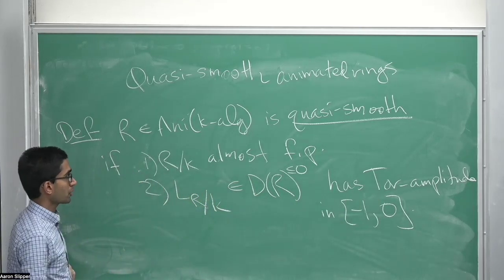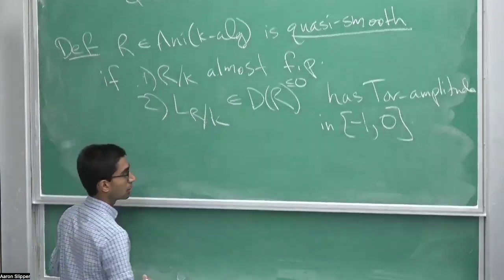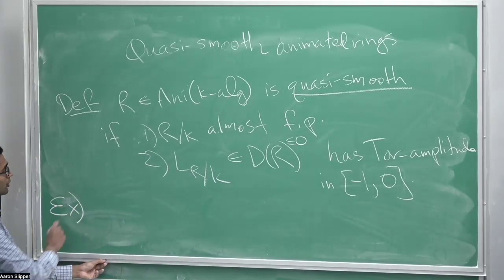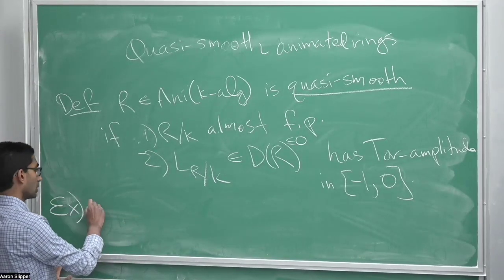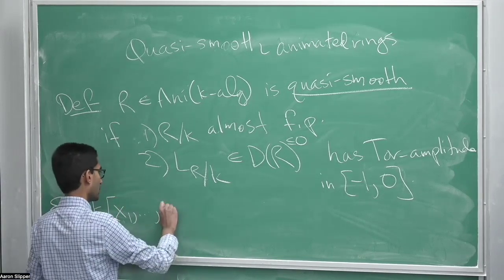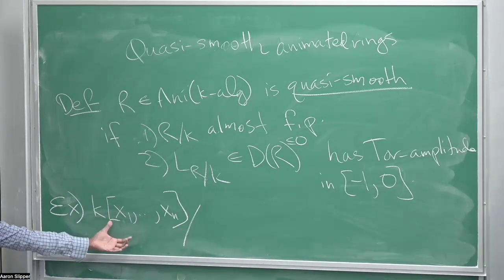Okay, so what is the basic example of this? Right, so an example is, let's start with a polynomial ring K[X1, ..., Xn]. A basic example is a complete intersection.